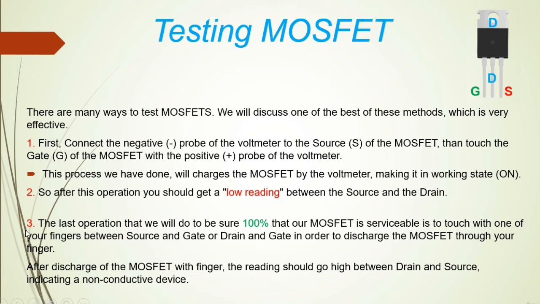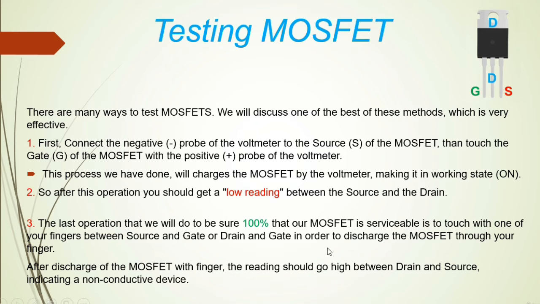Okay? Step 3. The last operation that we will do to be 100% sure that our MOSFET is serviceable is to touch with one of your fingers between source and gate, or drain and gate.